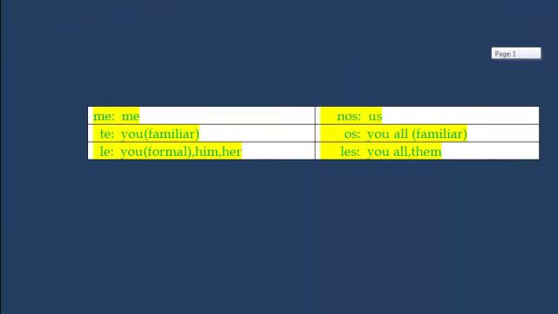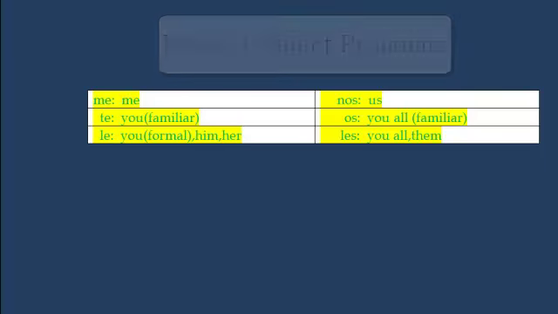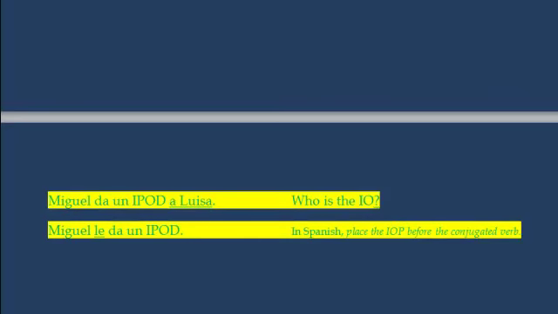Now, what are the indirect object pronouns in Spanish? We have me, which is me, te, which is you, le, which is you formal, him, her, nos is us, os is y'all, les is y'all, and them. Example: Miguel da un iPod a Luisa.